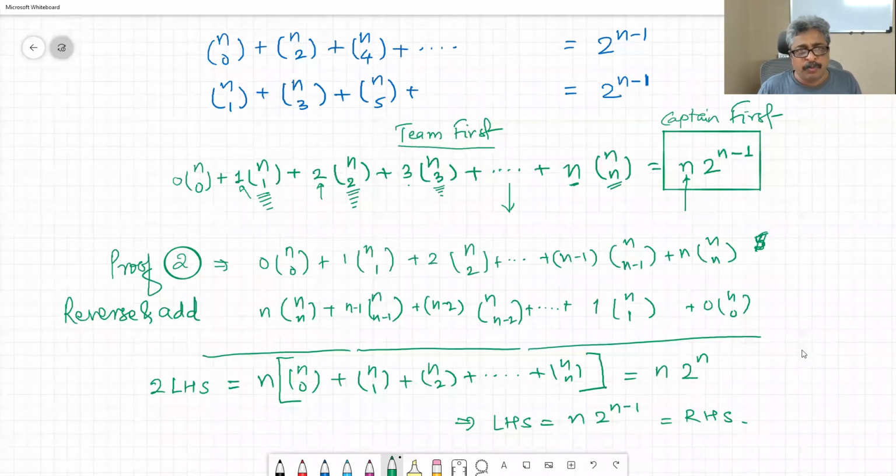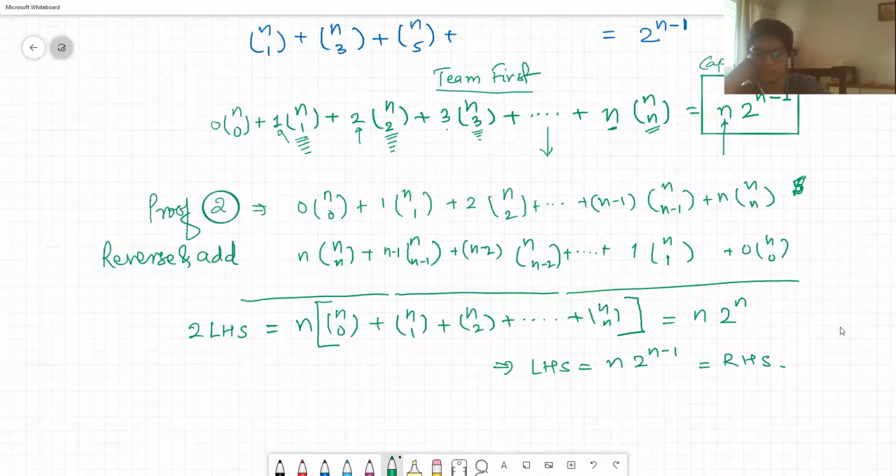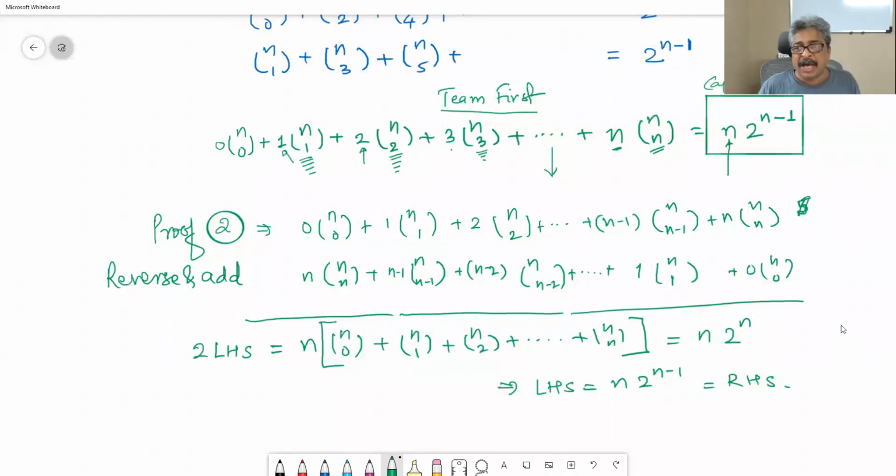And there will be one more proof where you really figure out what n choose r means, sigma n choose r, and get it. That I will explain just now, but you can write it first.